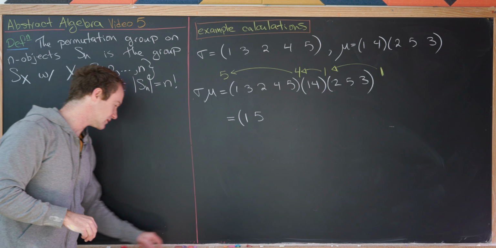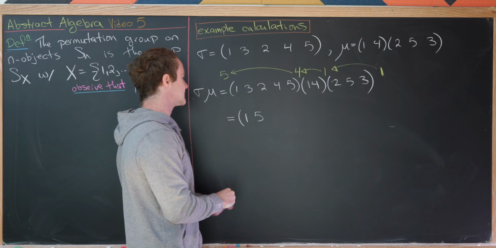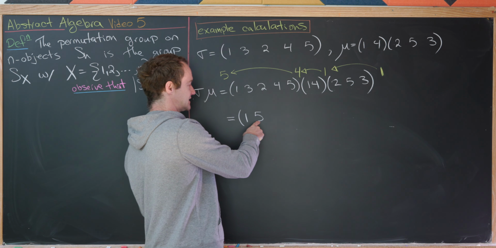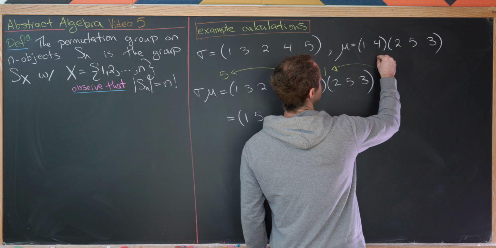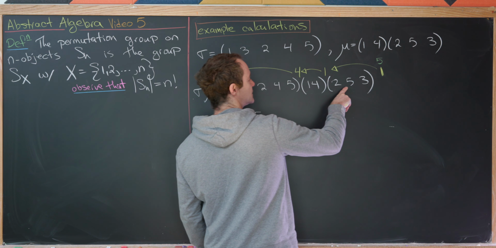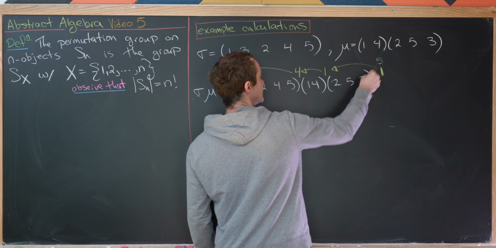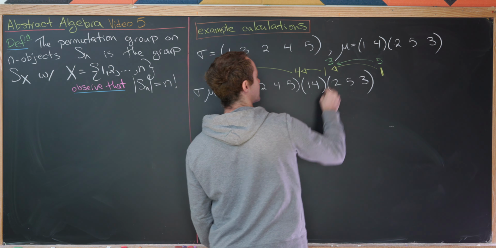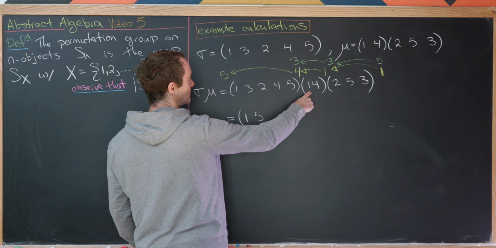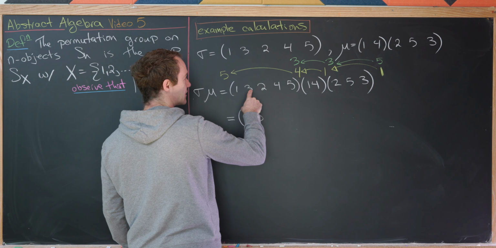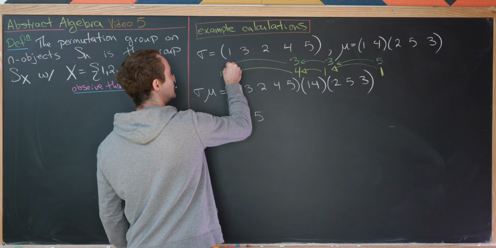Okay, so now let's work out another one. Let's go to 5 at this point, because that's where 1 was sent. Under this first 3 cycle, 5 is sent to the number 3, and then it's fixed by this 2 cycle, and then by this 5 cycle, 3 is sent to 2.